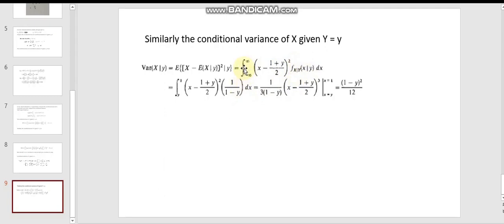We integrate it from minus infinity to infinity, so we get this expression by taking the limits from y to 1. The final expression is 1 minus y whole square divided by 12. This is the variance of x given y, and it is a function of y, as we have already explained. That's it.